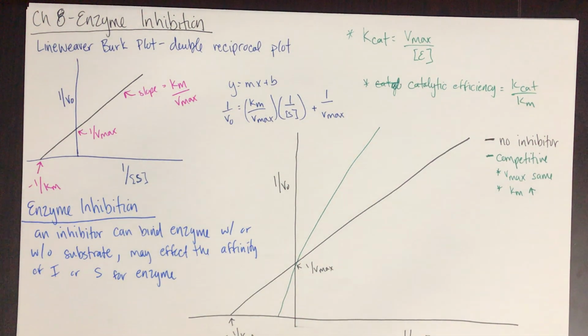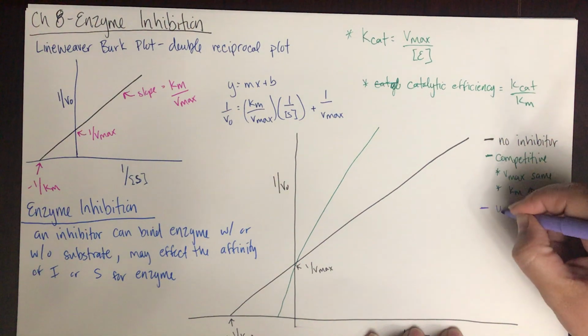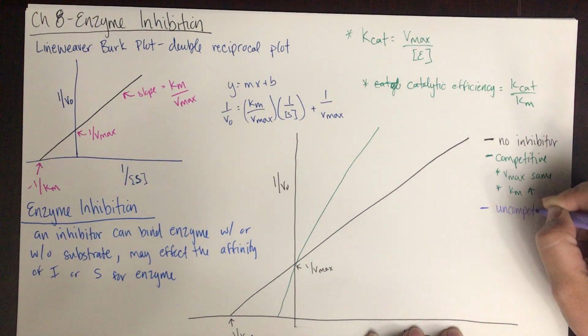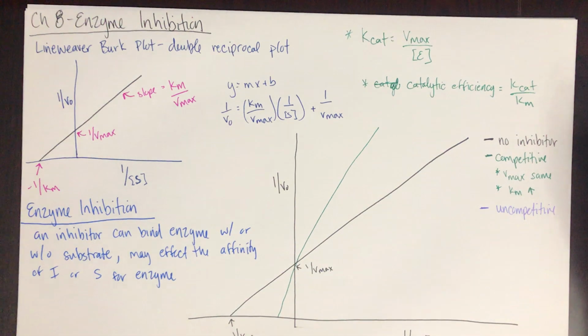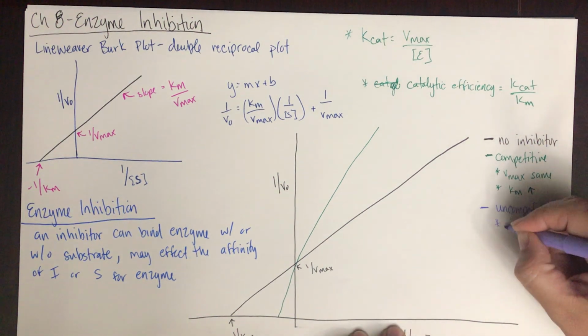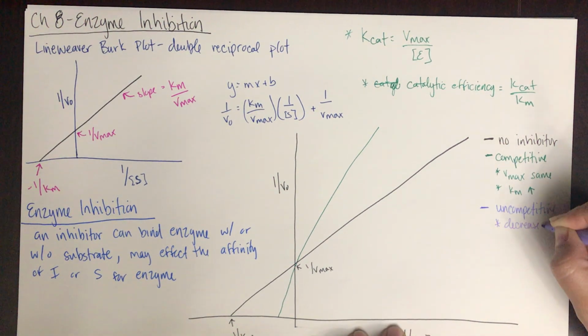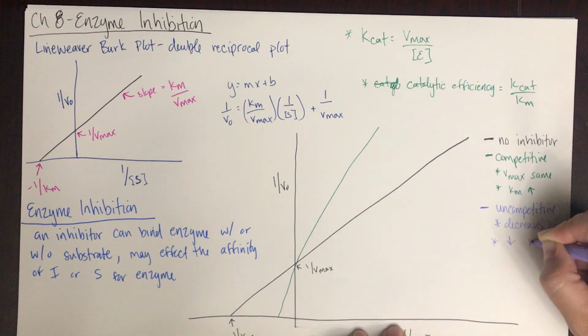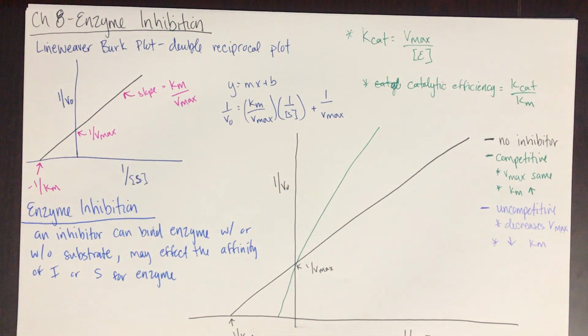So let's look at another one: uncompetitive. So uncompetitive inhibition decreases the Vmax and it also decreases the Km, but at the same ratio, the same slope.